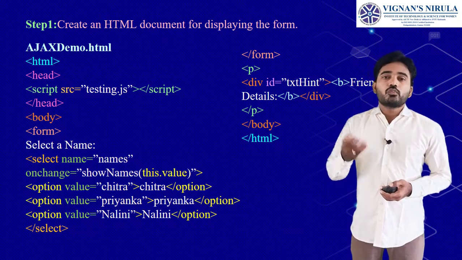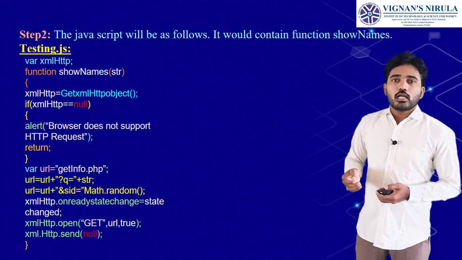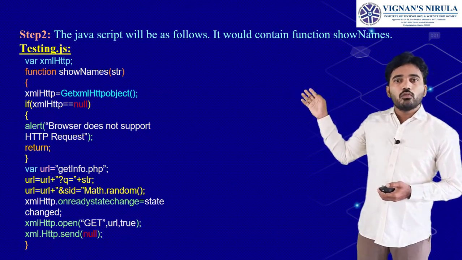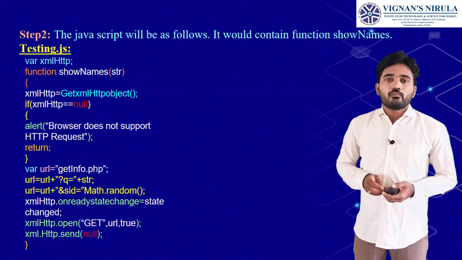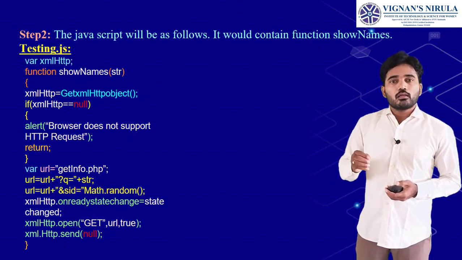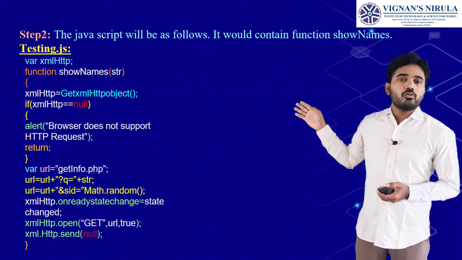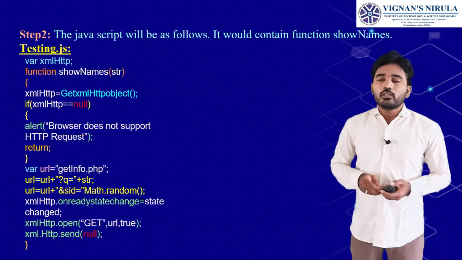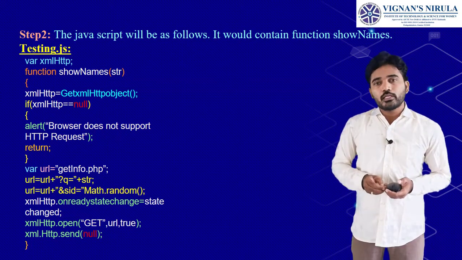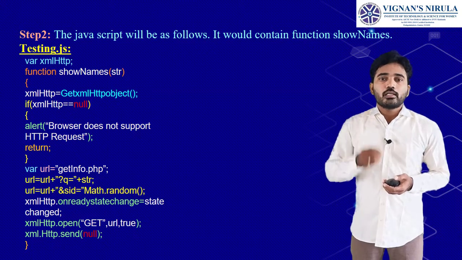Now, in step 2 we need to write that testing.js file. In this step 2 the JavaScript contains a function showNames. Whatever code we have written for AJAX, the same code you need to write here, like either the browser has the compatibility of an XMLHttpRequest object, or else it has to make use of the Microsoft ActiveX object.